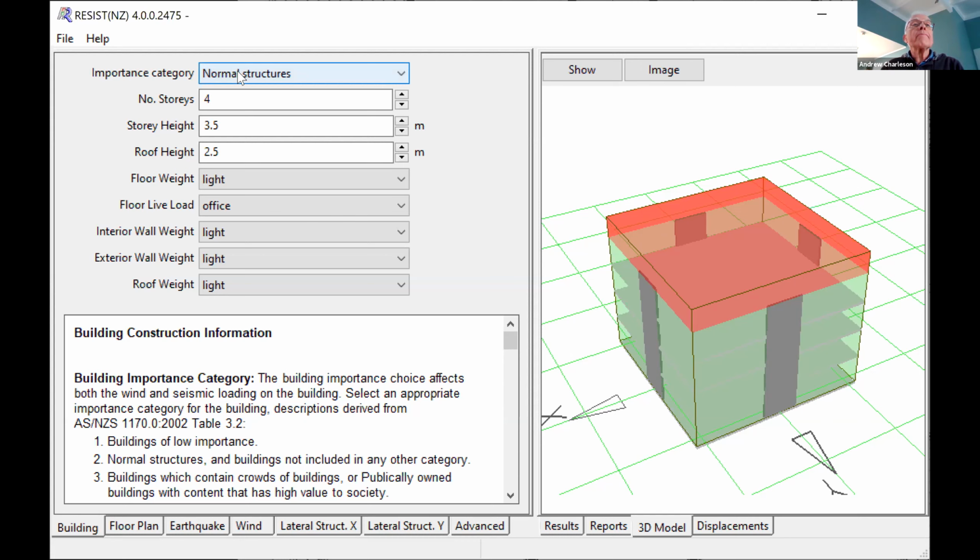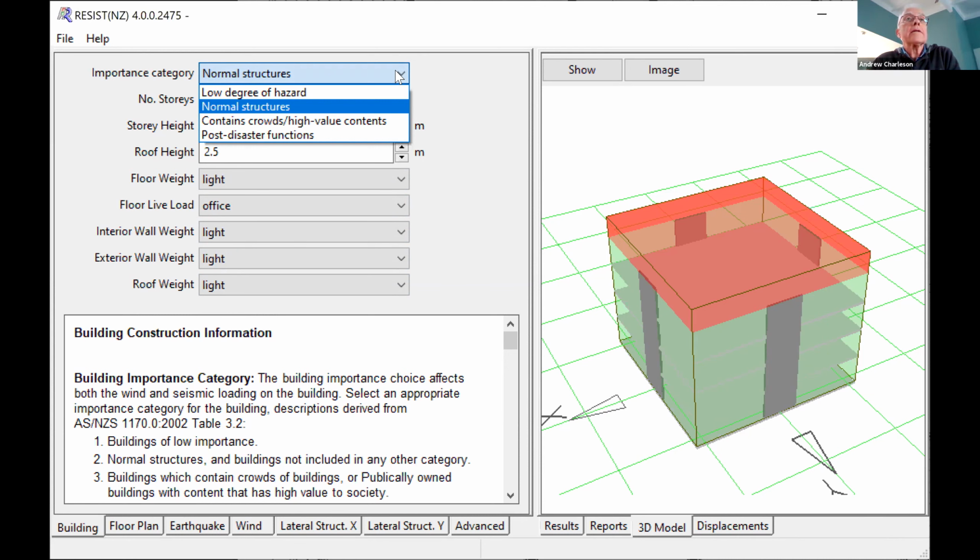So, first of all, we fill in all these fields. We start off by telling Resist what type of importance our building has. Like if we're designing a hospital, it's about 80% stronger than a normal building.